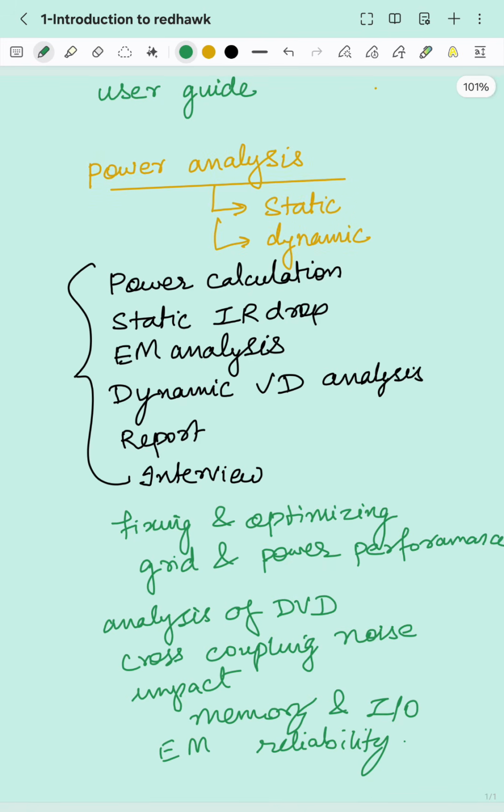Then there will also be coverage for pathfinder for ESGs. And if you are looking for a more advanced topic, then there will be chip level package analysis. All those things are going to be covered in this series.